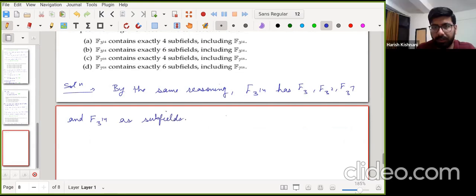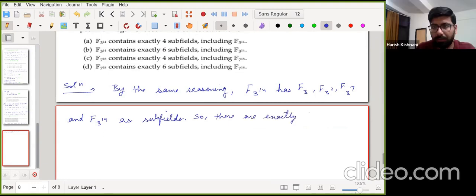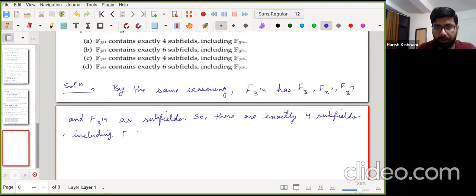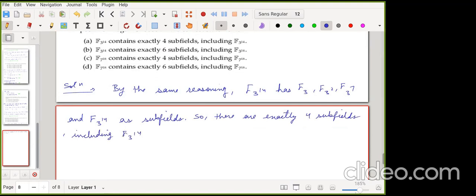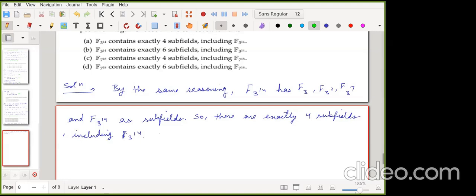So there are exactly 4 subfields, including F_{3^14}. Yes, so option A is correct, B is false.